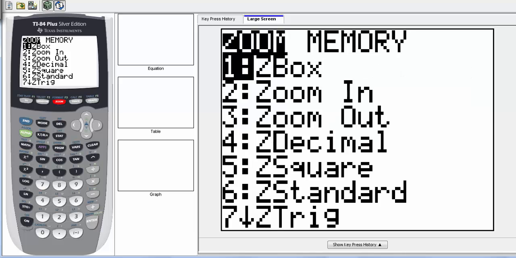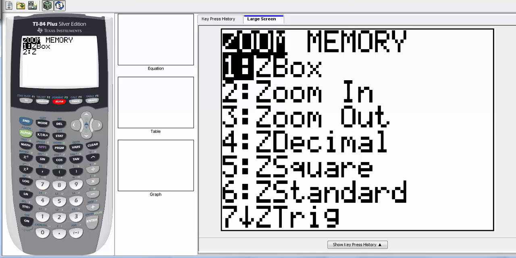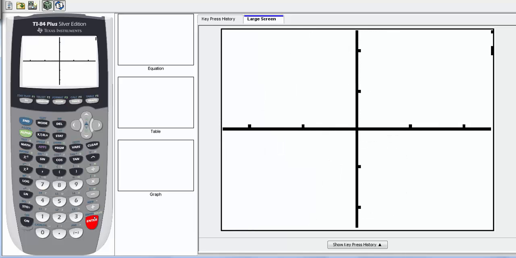And again, I'll go to zoom and standard. And it looks like here, we know that we have an x cubed. Our graph is going up through here, so we know that it's not going to come back down. And this is where, let's see, I'm going to zoom in a little bit here, right here on the origin.